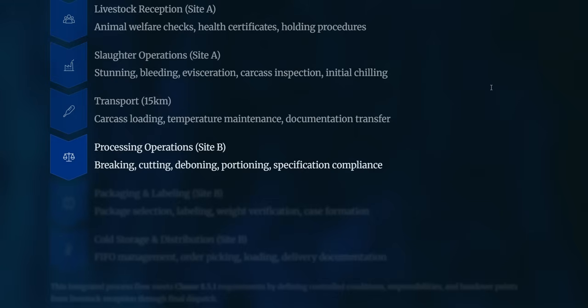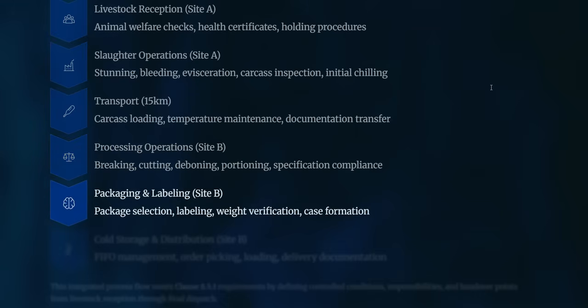The fourth mapping we have is process operation at site B, so after the transportation. This process mapping here must include the breaking of the meat, the cutting, the deboning, the portioning, and the specifications compliance.